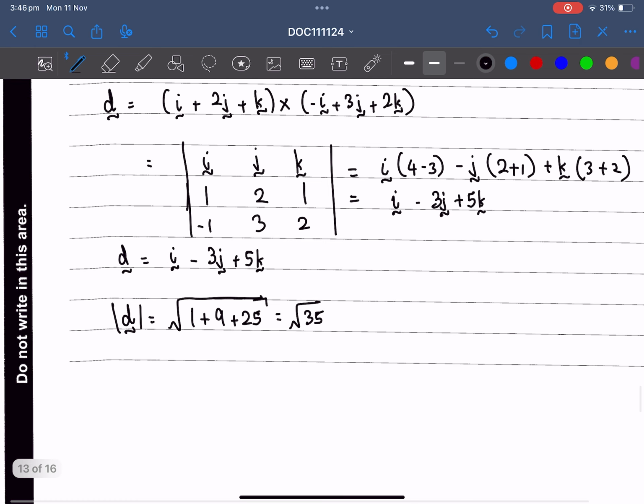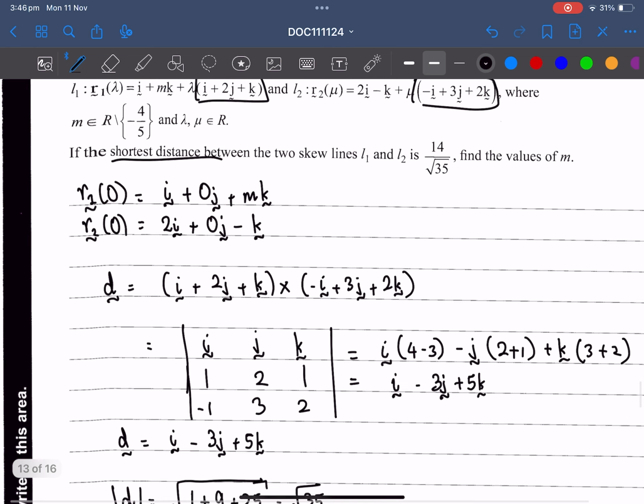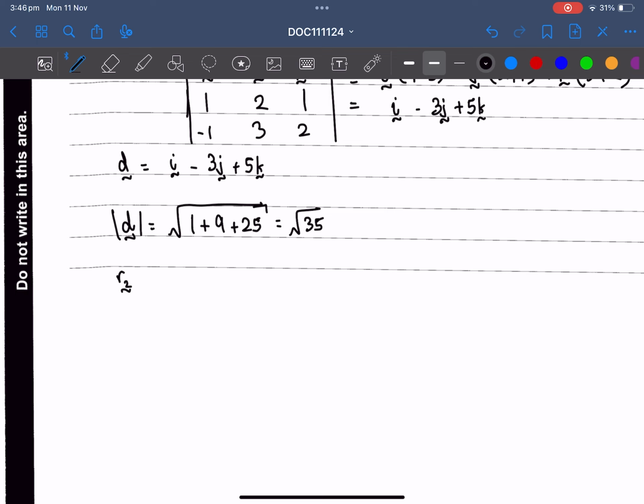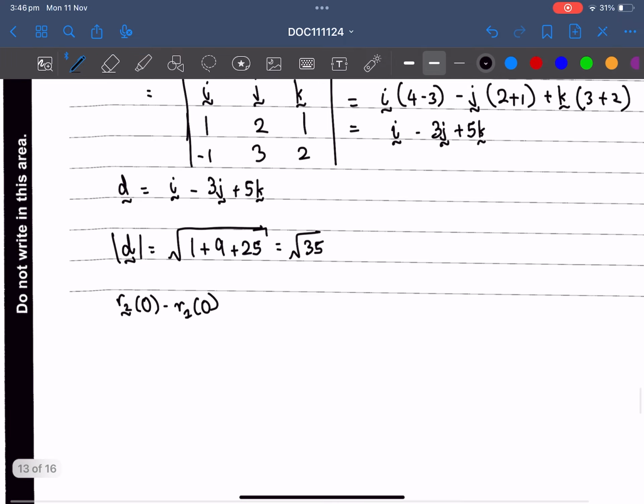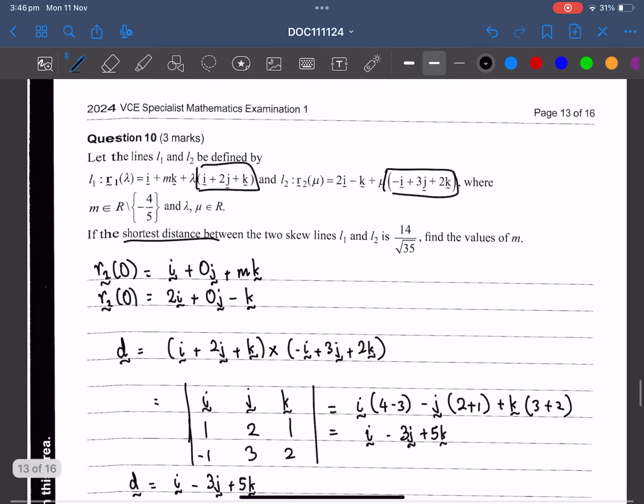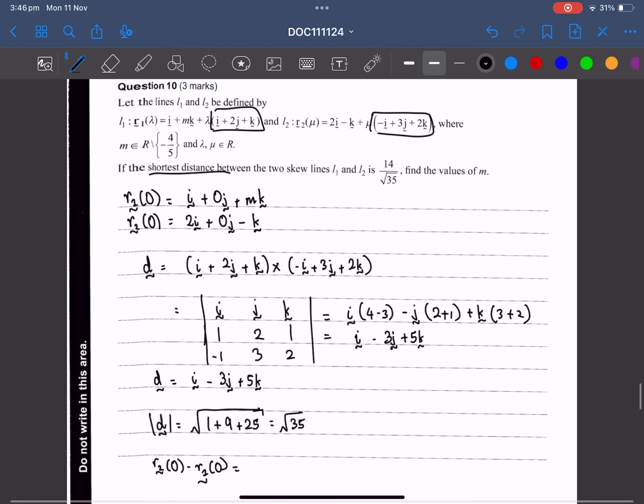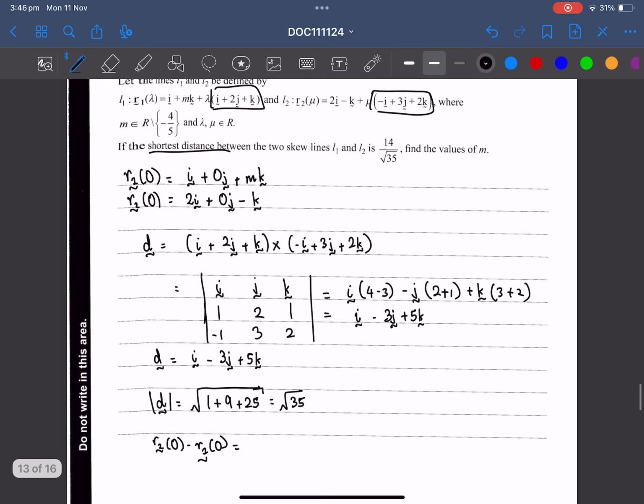So then now we have to find r2 minus r1, because that will give us the scaling factor. Currently we just have the perpendicular distance, now we have to scale it appropriately, so we'll just have to find that value. So we get 2i plus 0j minus k, take away i plus 0j plus mk.